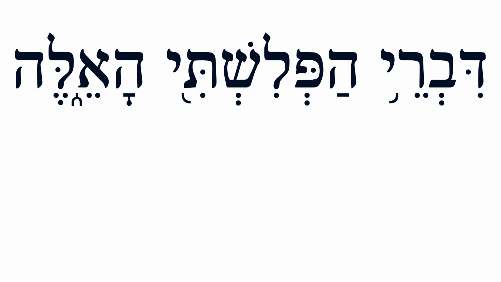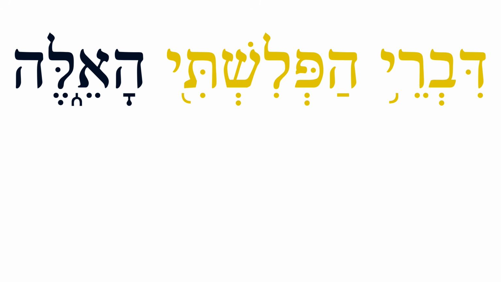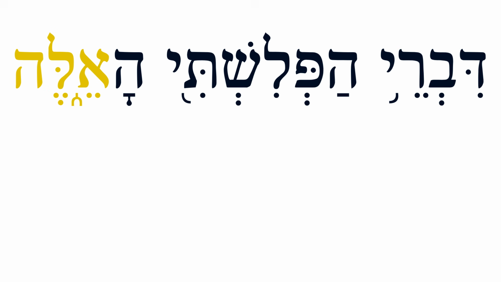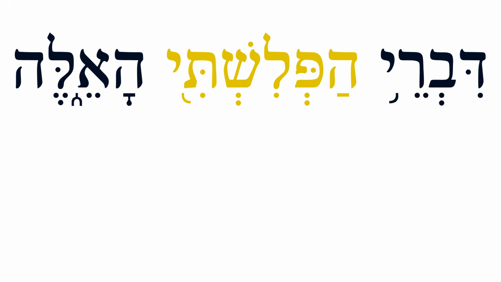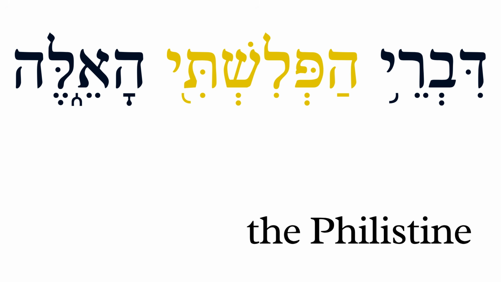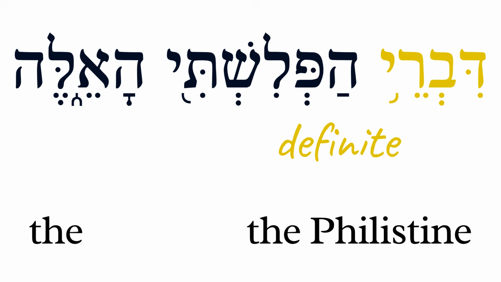Here's another example from verse 11 of our chapter. When Saul and the Israelites heard divrei haplishti ha'eleh, they were very afraid and dismayed. The construct phrase is divrei haplishti, and it has an adjective attached, eleh, these. The last word of the construct phrase, haplishti, the Philistine, is definite, so this will be the divrei of the Philistine.